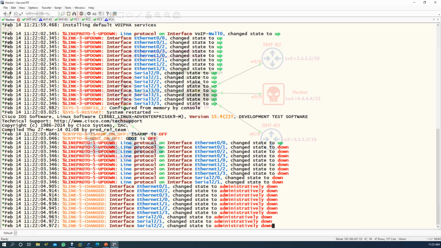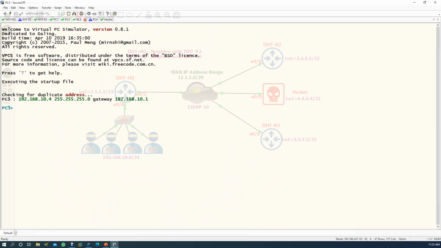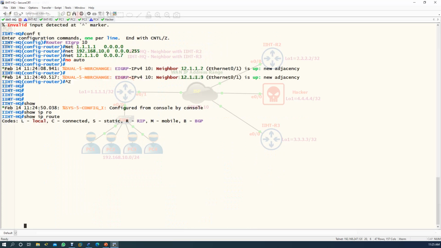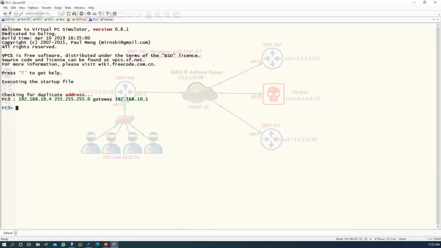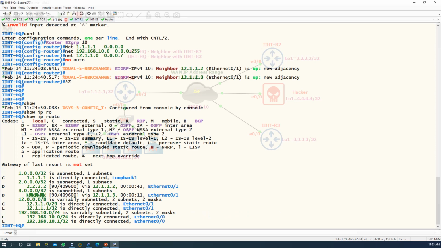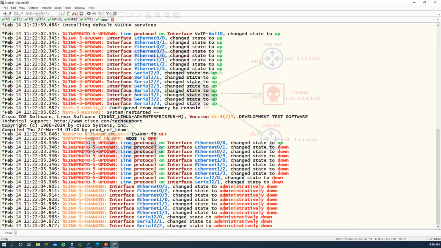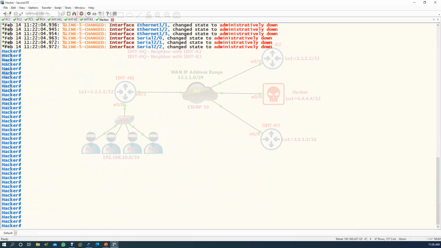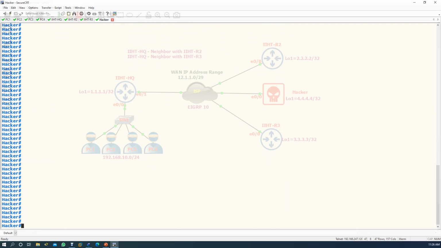But the problem will come when a hacker comes into the picture. The hacker is also connected to the internet, and the hacker has enabled default routing.